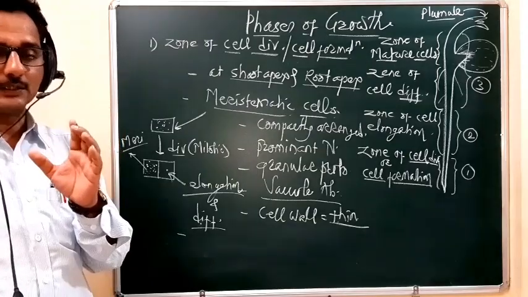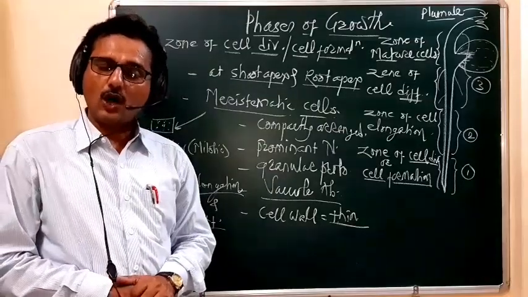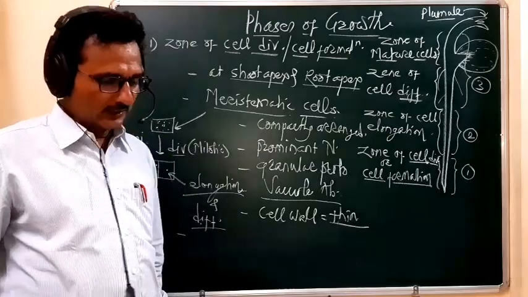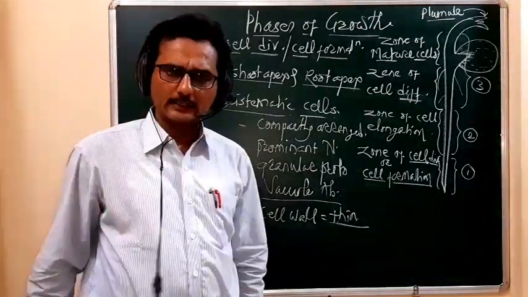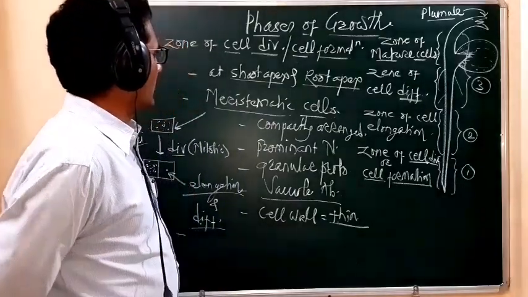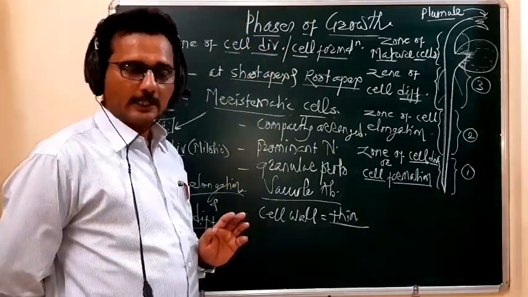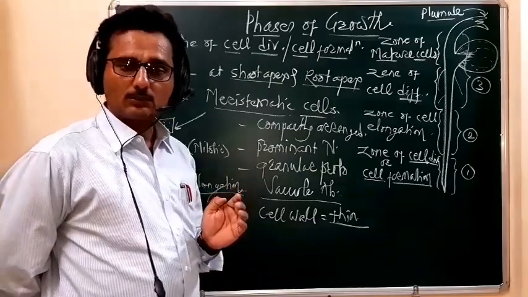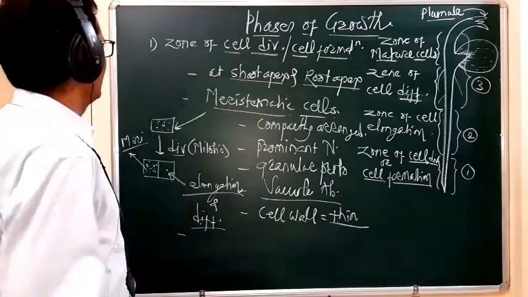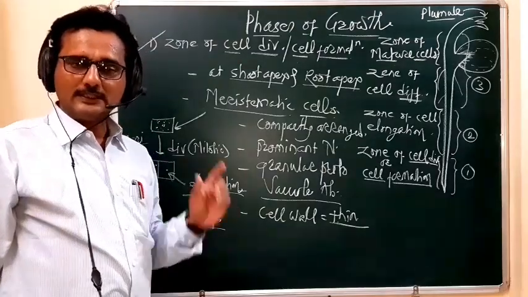That means that region shows growth in height, and because of such activity, the length or height of that plant body continuously increases. But remember, students, as far as the phases of growth are concerned, we are talking about the first phase, that is the zone of cell division or cell formation.